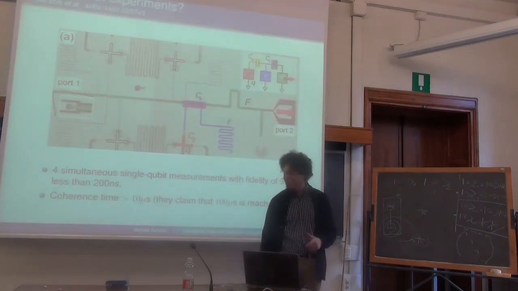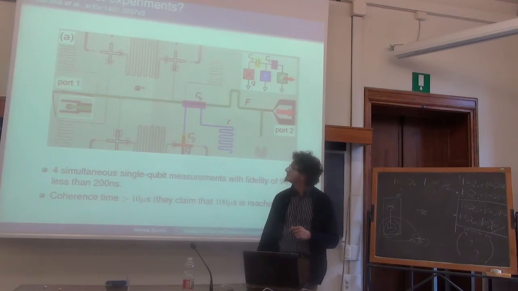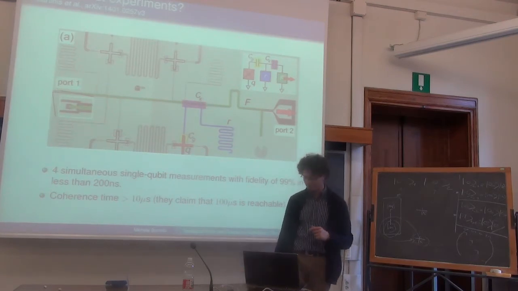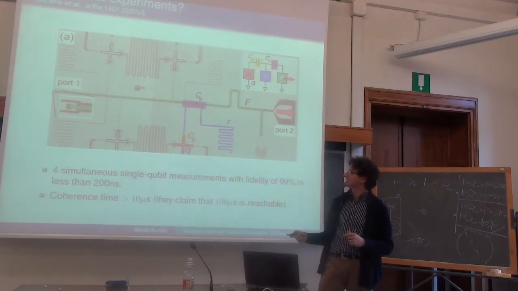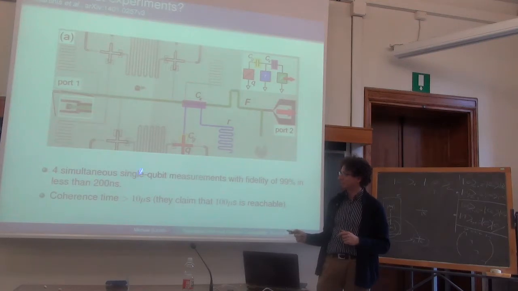I already showed you that there are people crazy enough to try to build these things in the lab, even though in the next 5 years I doubt that someone will really obtain a surface code.